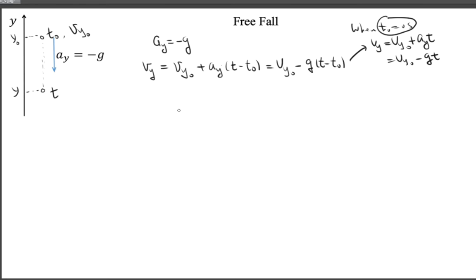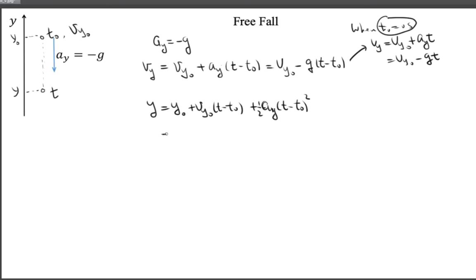Now let's write down the position. If we solve this constant acceleration problem, then y equals y0 plus Vy0 times (t minus t0) plus 1/2 ay times (t minus t0) squared.